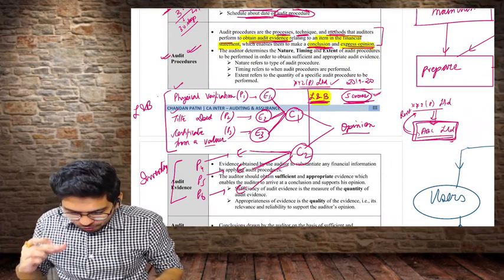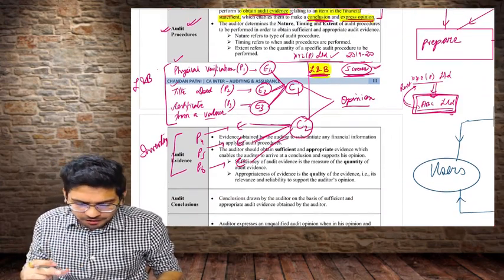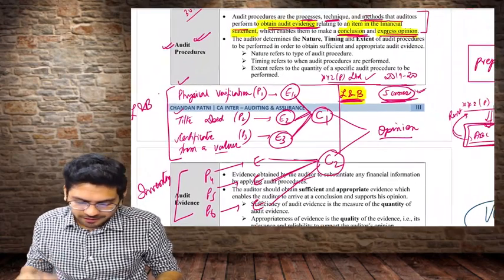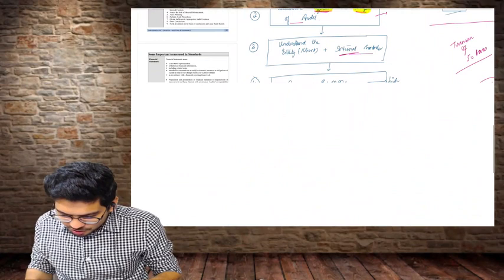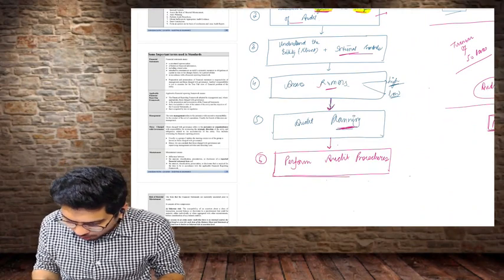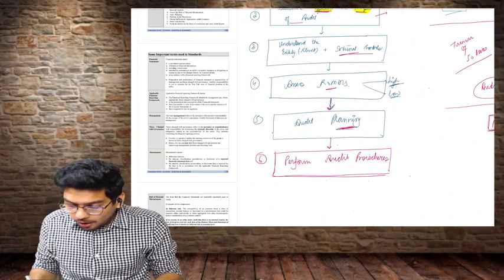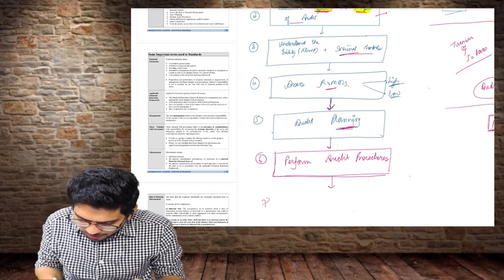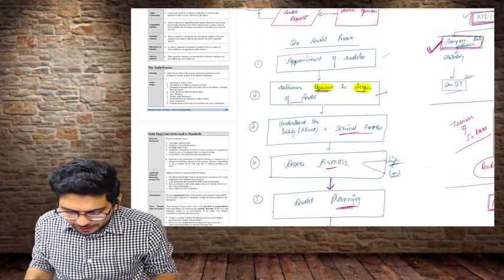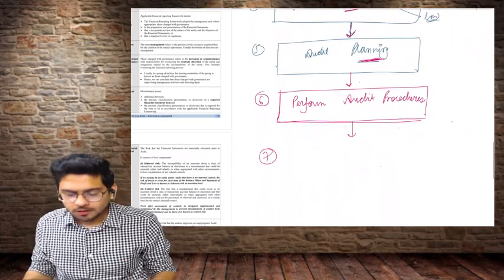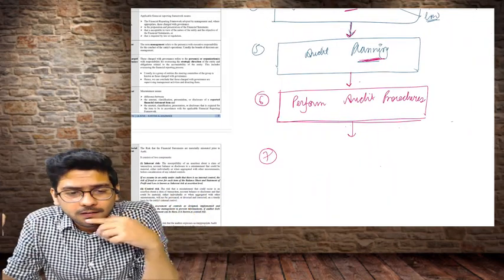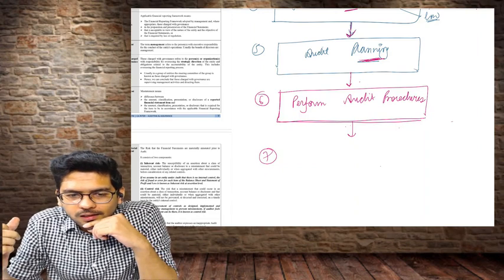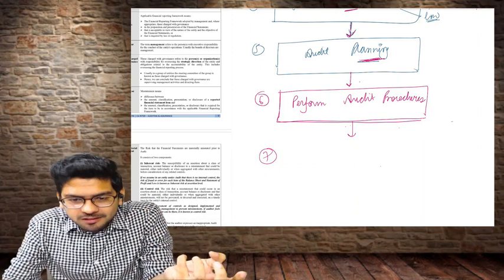Now, before I start with the next step in the audit process, I just mentioned here that he is going to perform audit procedure. After he performs audit procedure, what is he going to get? On application of audit procedure, what does the auditor obtain? Don't you think we obtain evidence?